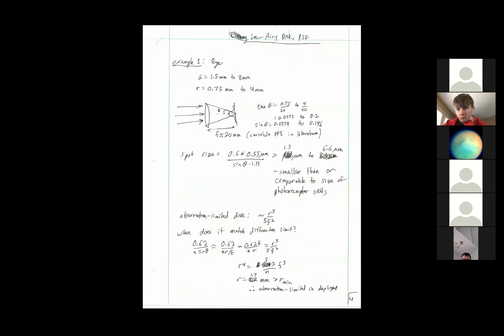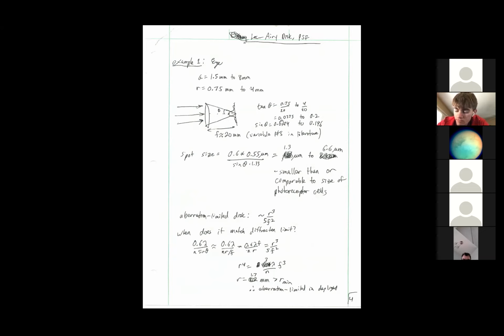Let's do our first example, the human eye. The diameter of the entrance pupil in the human eye, according to the ophthalmology literature I looked at, ranges between 1.5 and 8 millimeters. The focal length, again, the ophthalmology literature has a range of estimates. It's obviously going to depend on the person, the age, and so on, but about 20 millimeters.